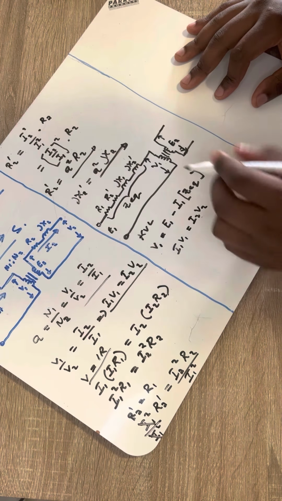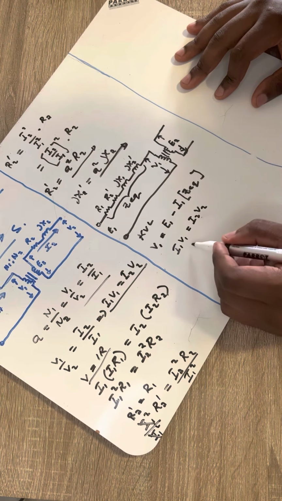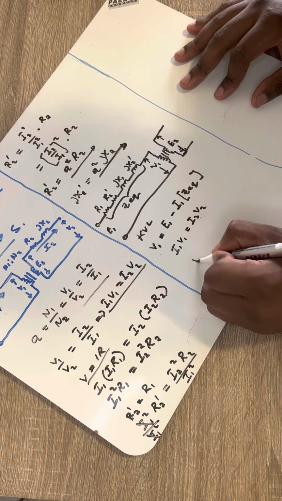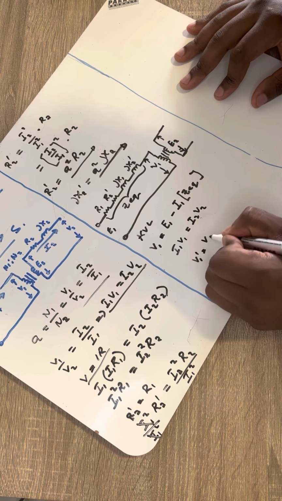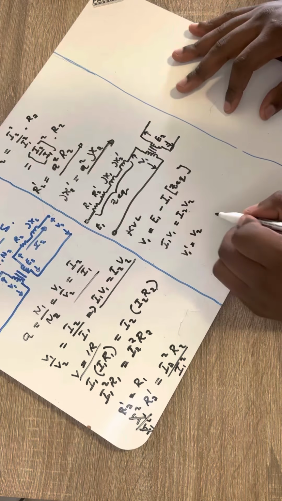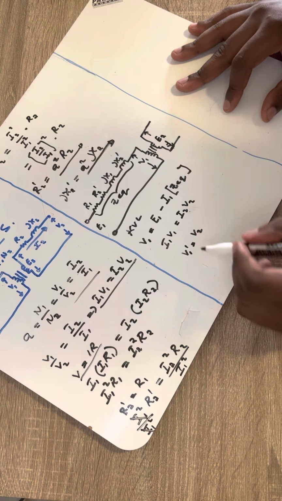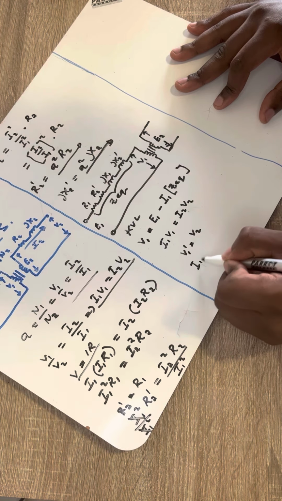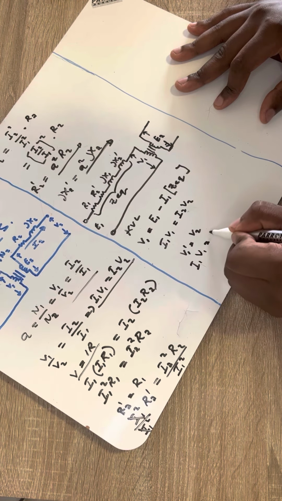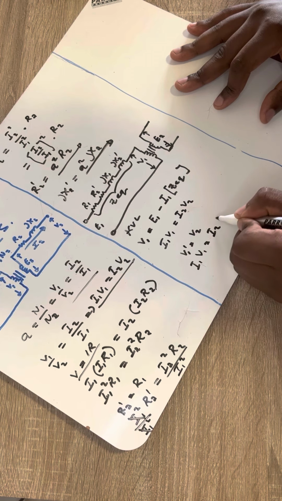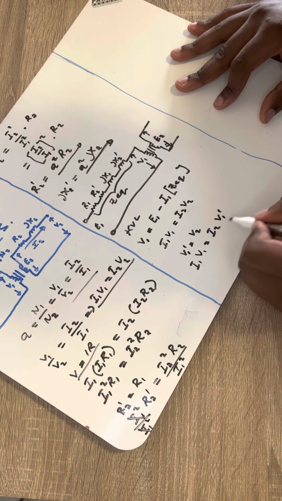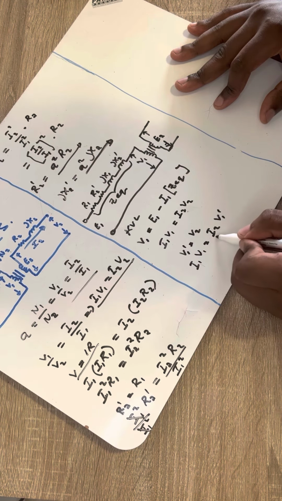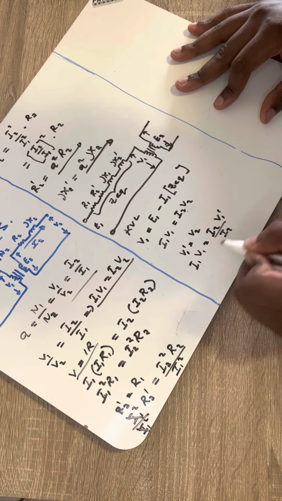So we want to refer V1 to the secondary. So what we will do, we'll say V1 prime will be equal to V2, right? So in the place of V2, we substitute V1 prime. So it's I1 V1 equals I2 V1 prime, divided by I2 on both sides.